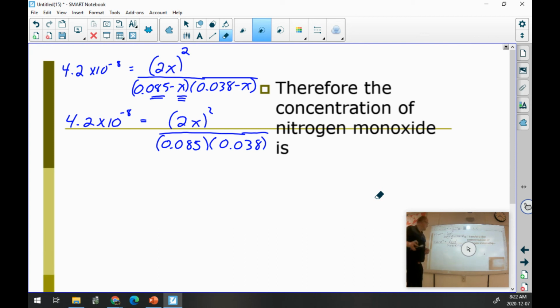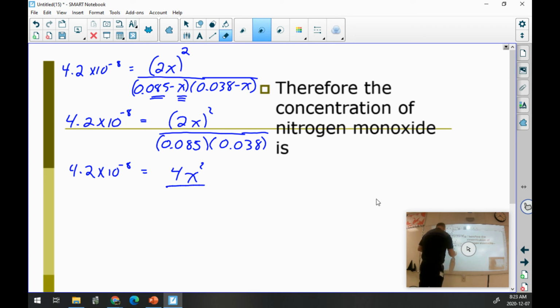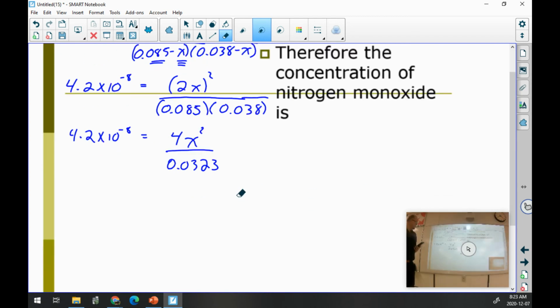So, a little bit of math work. Make sure that we square the 2 in that. And now again, we have a rational equation that we can solve.